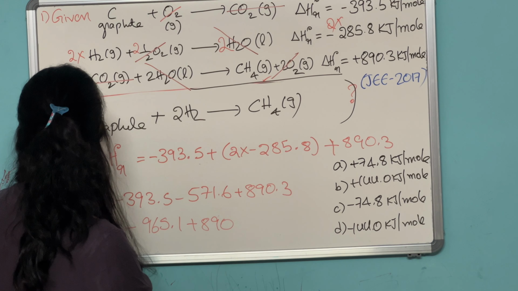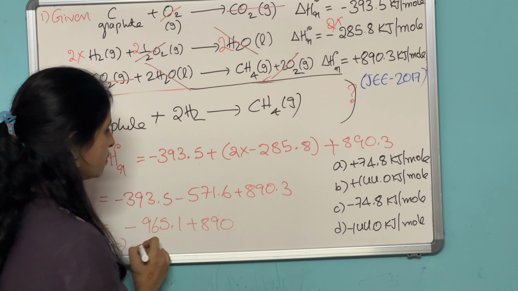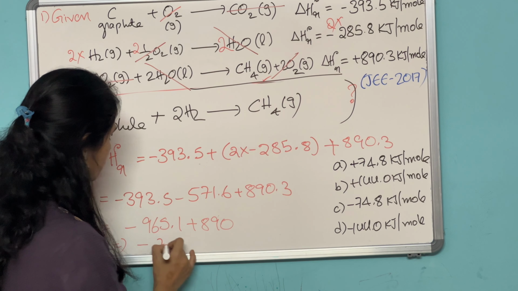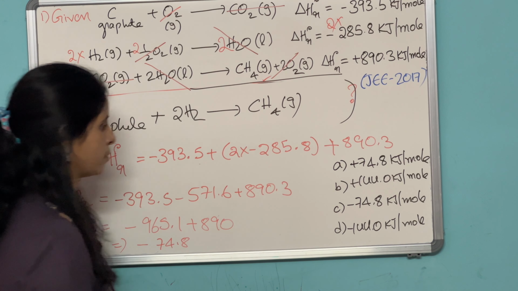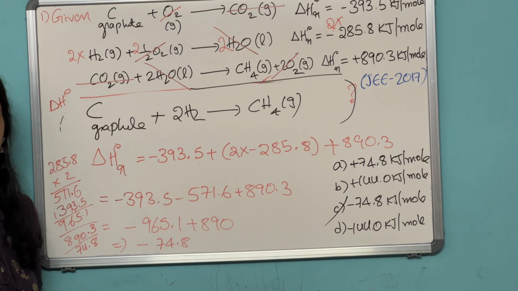So this will be 74.8, so minus 74.8. This is your answer. Clear?